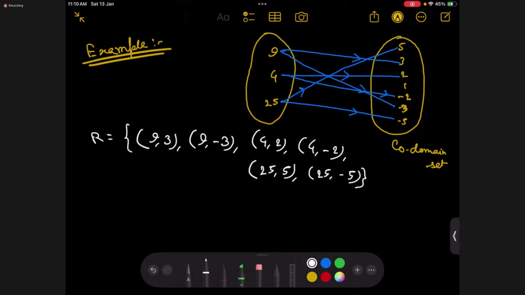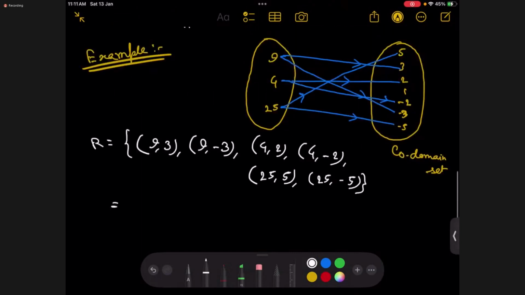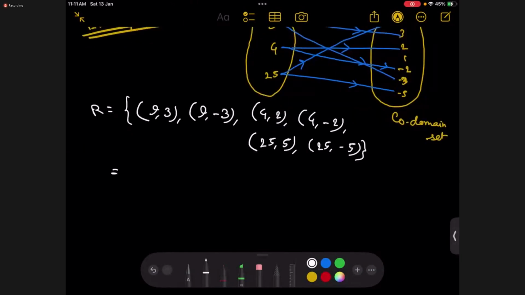What about the set builder form? You can clearly see here that 3 square equals 9, minus 3 square equals 9, 2 square equals 4, minus 2 square equals 4, 5 square equals 25, and minus 5 square equals 25.